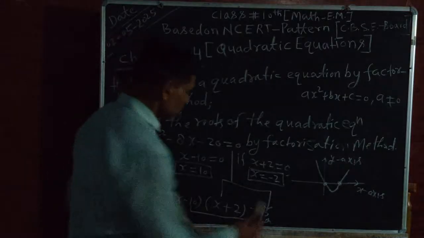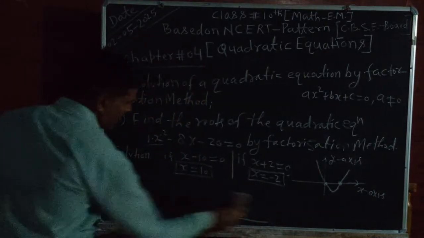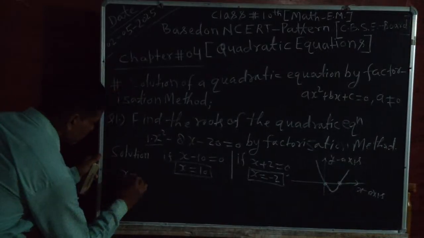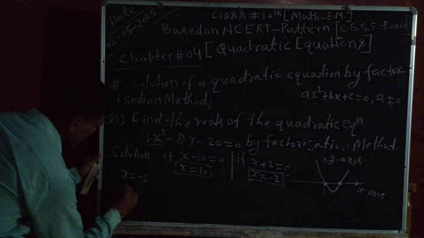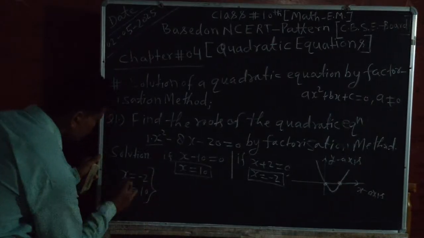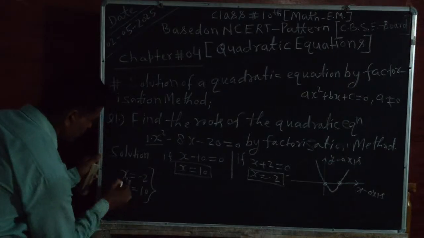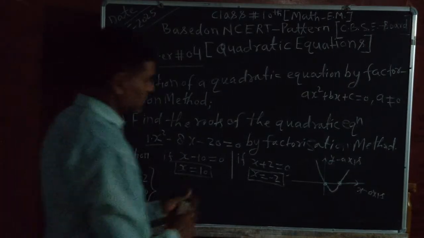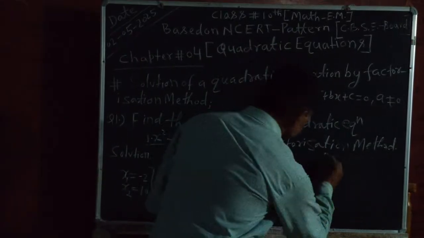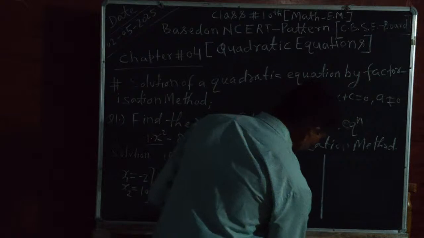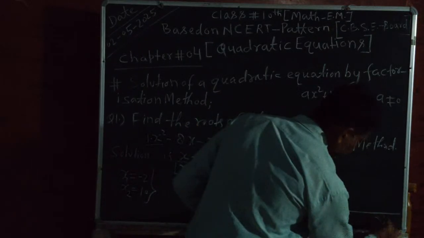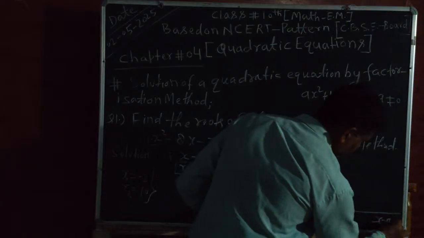Okay, student. So further I am going to erase this, and now I will generalize here: x is equal to minus 2 and x is also equal to 10. It means that one is x1 and the other will be x2. Okay, student. Now I am going to update this curve here. After updating, you will know very well how the curve can be drawn on the x-axis and the y-axis.